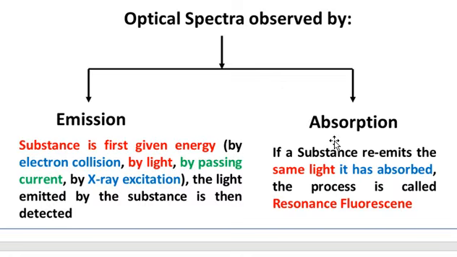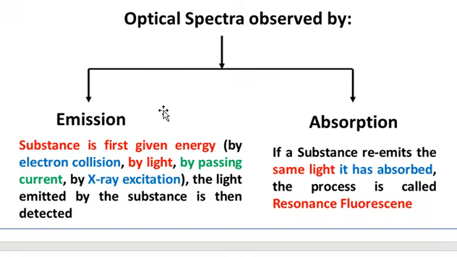So if the material has absorbed some wavelengths and those wavelengths are not reaching our detector, then we shall say that we are recording the absorption spectrum. And in the emission spectrum, we measure all those wavelengths which are emitted by a substance, and those wavelengths reach our detecting instrument. So let's talk about the emission spectrum.